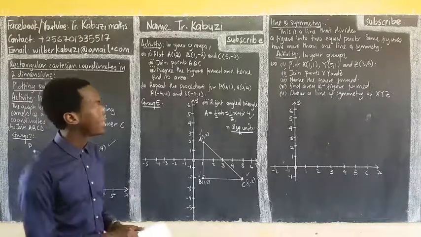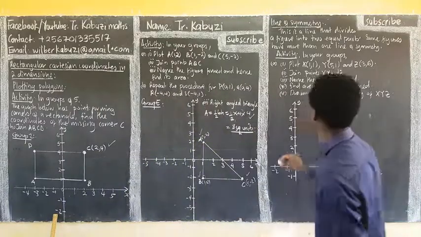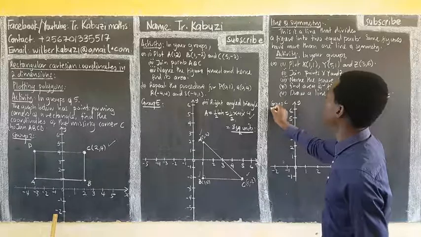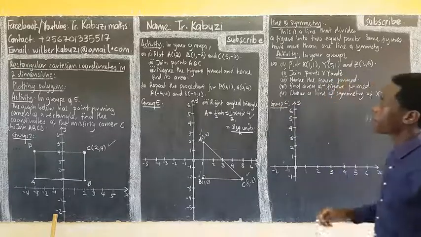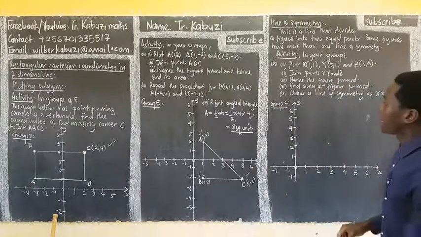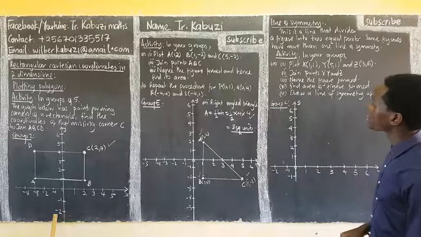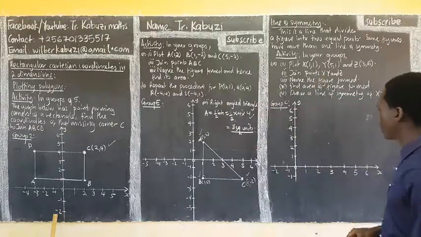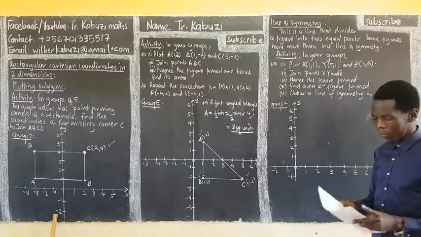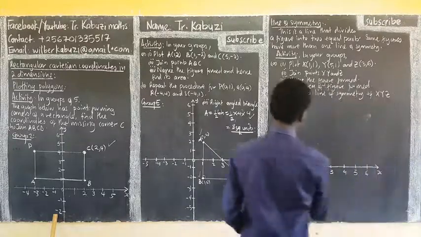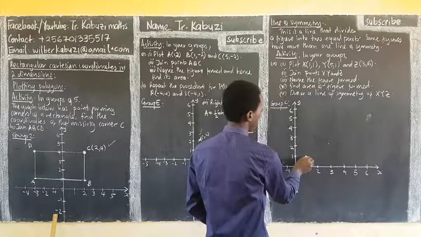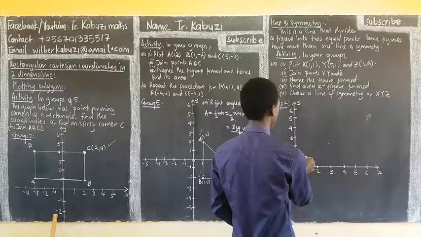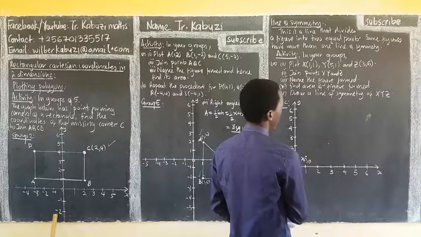C. Let us see. Here we have group C. So this is what we have from group C. Plot X (1, 1). Of course, we have seen how we plot 1, 1. 1, 1 is here. So this is our x. You indicate the coordinates 1, 1.